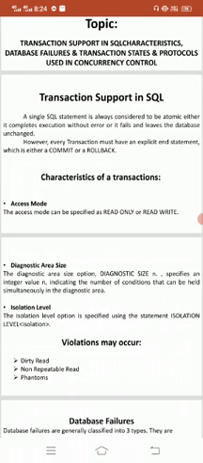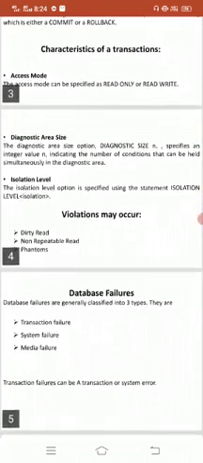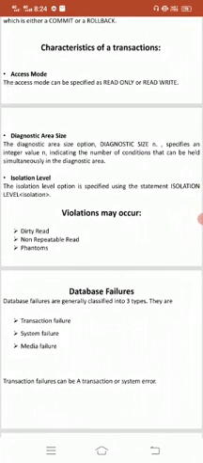These are the characteristics of transactions.